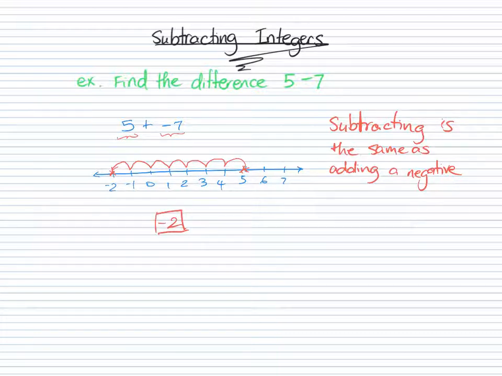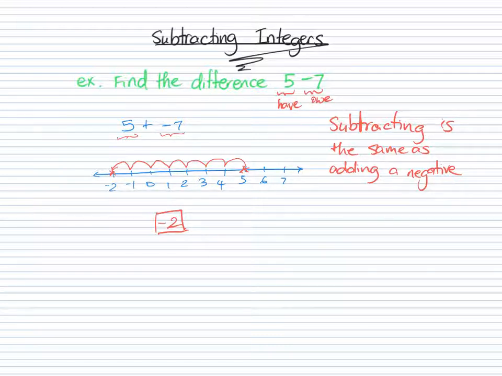Alright, we can also think of doing this very same problem with the money method that we discussed in the adding video. So remember that in the money method, we think of our positive numbers, or the numbers that don't have a sign, which are positive, as money that we have. And we think of our negative, or numbers after the subtraction sign, as money that we owe.